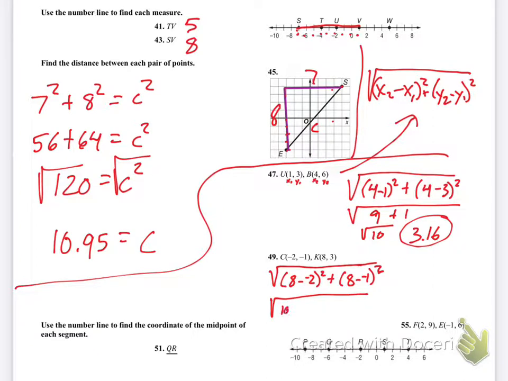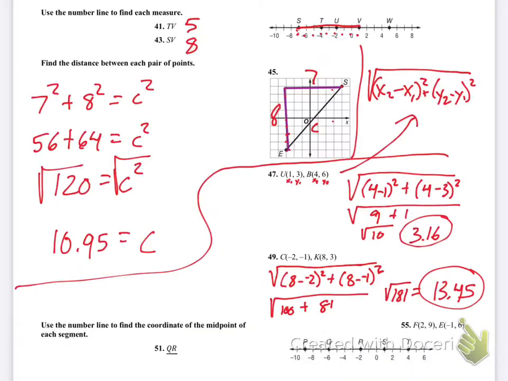Squared is 100. Plus 8 minus negative 1 is 9. Squared is 81. So the square root of 181. That's going to need a calculator for that. 13.45. That would be your final answer.